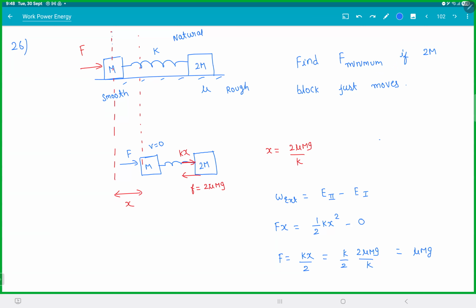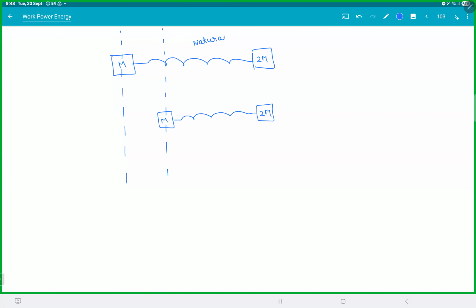So if I actually draw the full picture now, this is how it would look. If you want, I'll draw that. This was the initial situation, 2m. This is your natural length. So when this block moves, you will come somewhere here. This will be your mean position. You won't stop here. At this point, I agree, kx will balance the friction, but at this point the speed will be maximum.